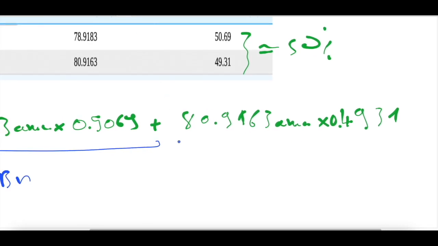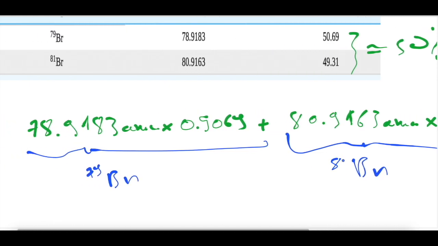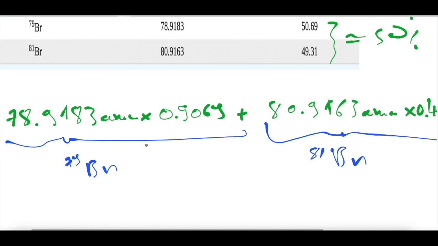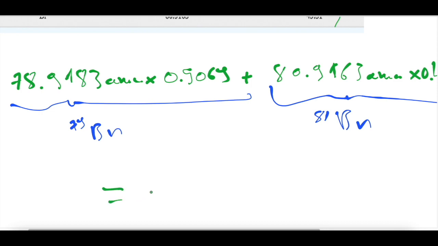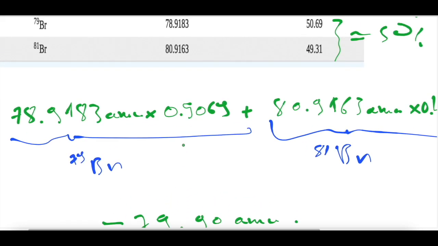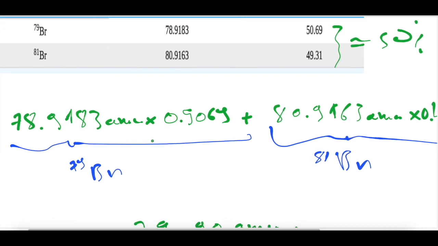Here, the second part of this equation is relative to the bromine 81. And the result is 79.90 AMU, which is the average mass of the mixture of stable isotopes.